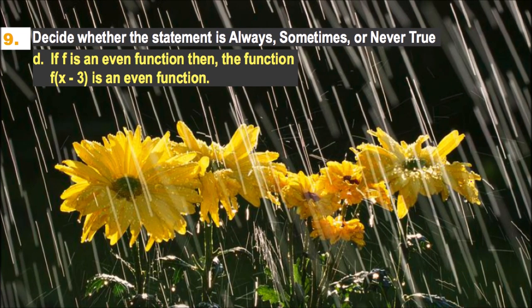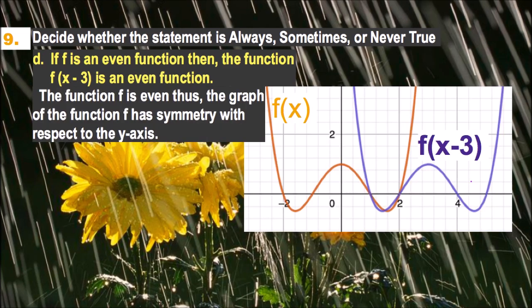Decide whether the statement is always, sometimes, or never true. If f is an even function, then the function f of x minus 3 is also an even function. The function f is even, thus the graph of the function f has symmetry with respect to the y-axis, as seen right here.